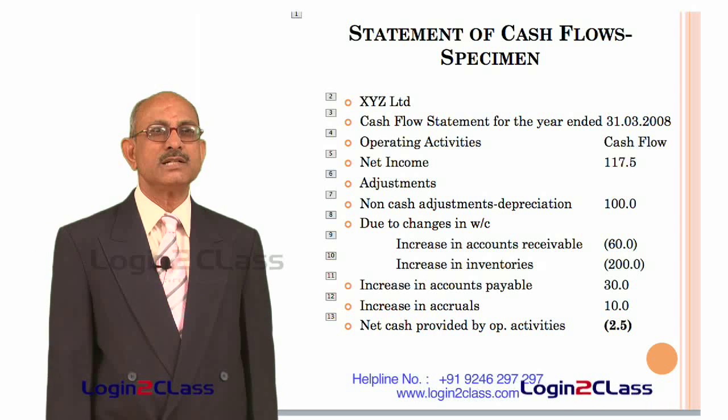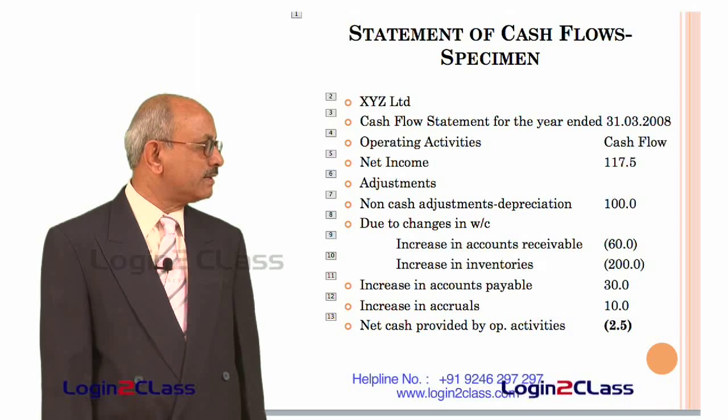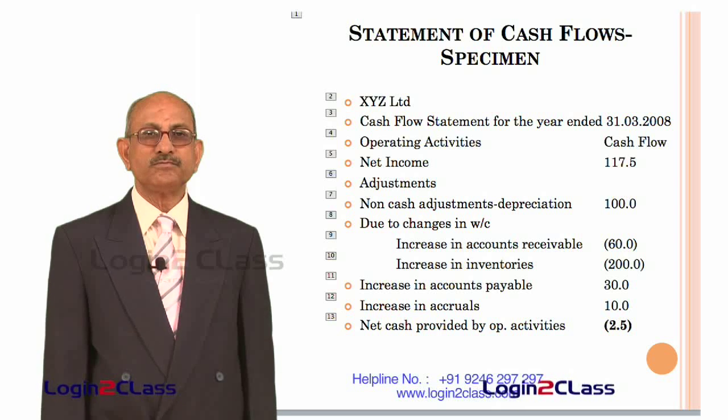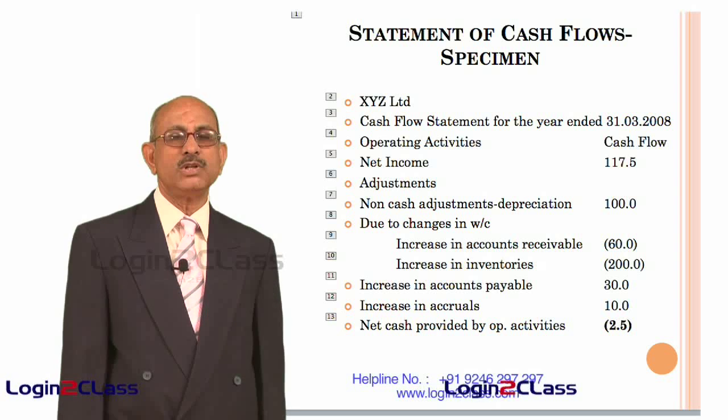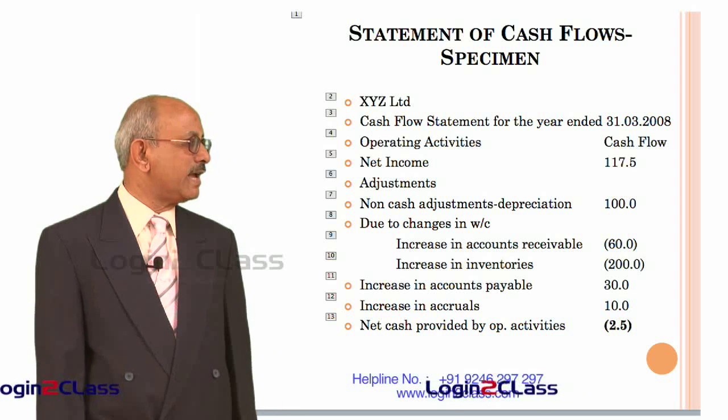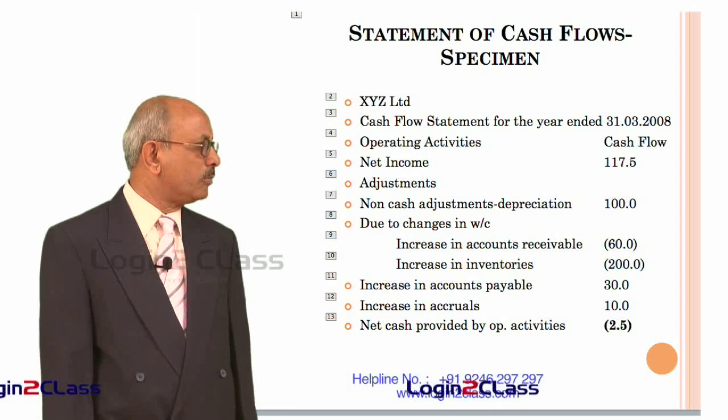Then we need to make certain adjustments on account of the fact that profit and loss account has certain non-cash charges as well as non-cash income. So all these are adjusted to arrive at the actual cash provided by the operating activity.